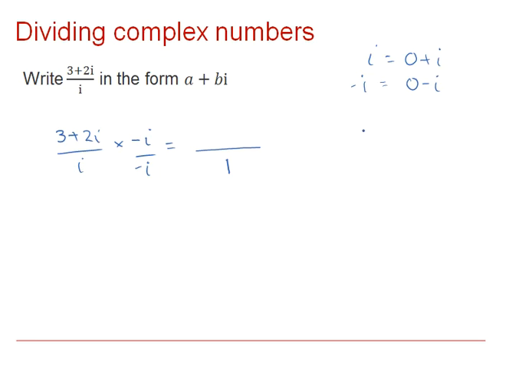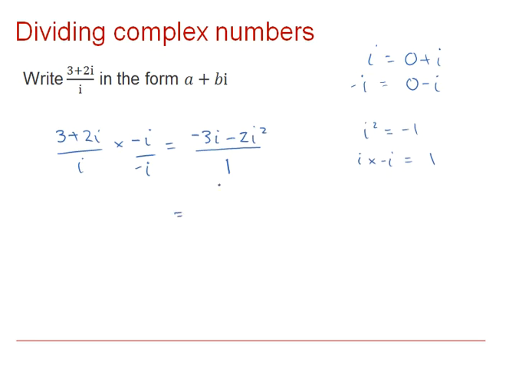Remembering, of course, that i squared equals minus 1, therefore that's how we get i times minus i equals plus 1. For the numerator, we will just get minus 3i minus 2i squared.